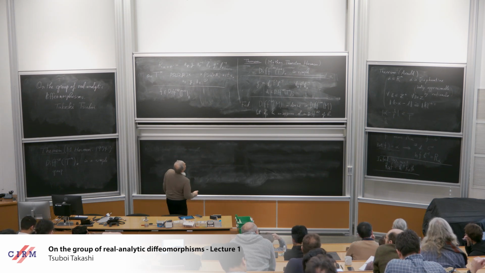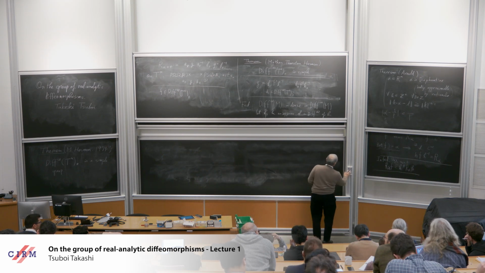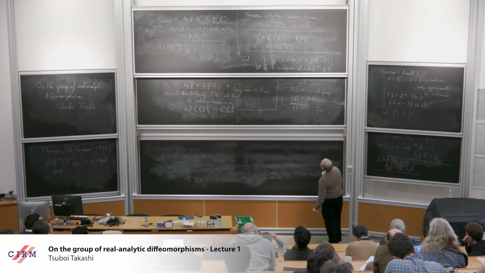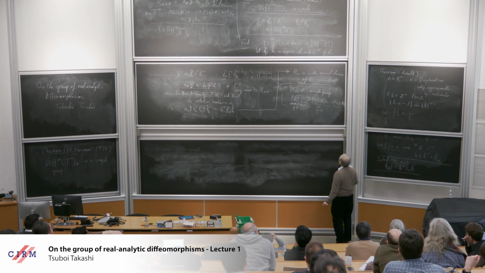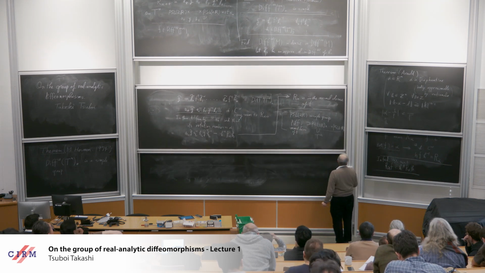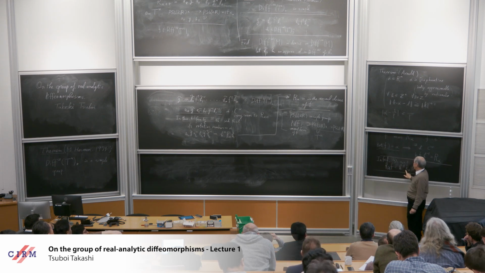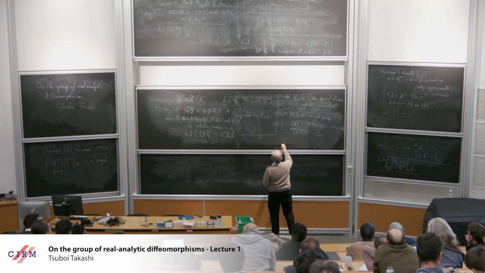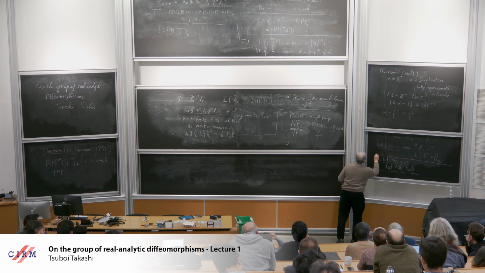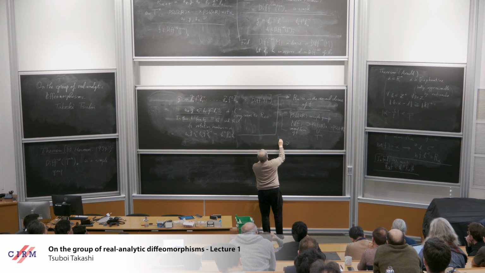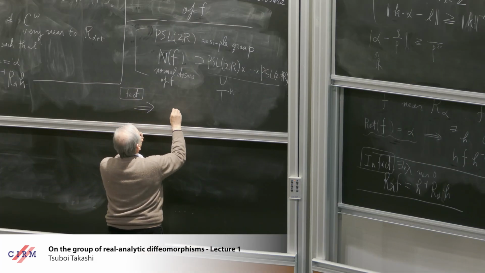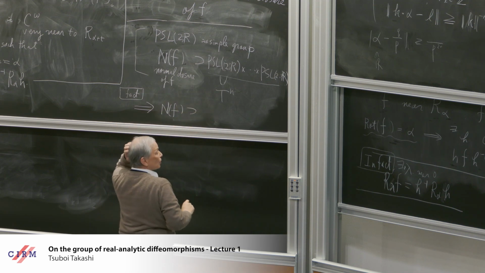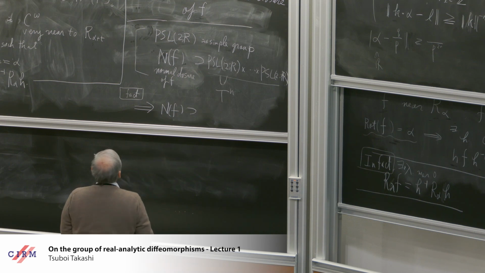So what I told you somewhere here, yeah, the normal closure of F contains rotation, then F is contained in the normal closure of F. So from this, in fact, this fact implies F, normal closure of F, contains, there's something wrong.